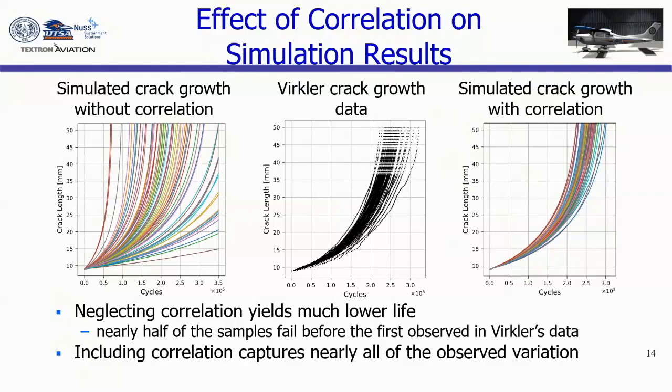You can see that if you ignore the correlation, and both of these simulations use the same starting uniform random numbers, almost half or more of these fail before the first sample that fails in the data. But if you do include the correlation, then you get essentially the same spread, the same uncertainty in the output, as you had in the original data.